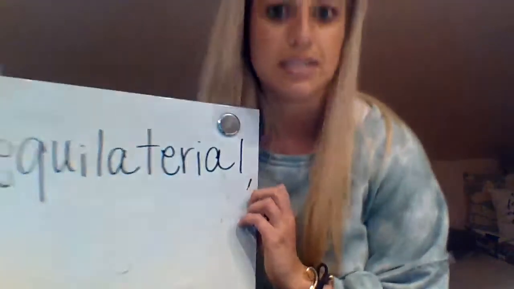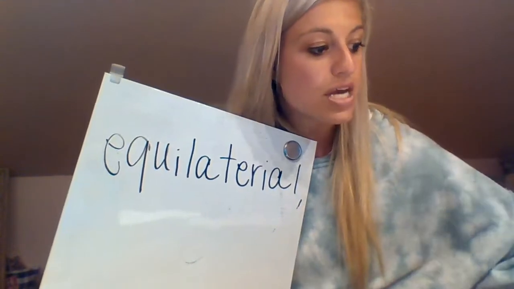Let's look at number 4. Number 4, oh my goodness, I'm looking at all 3 of those lines and it's telling me that all 3 sides are equal. So for number 4, I'm going to write equilateral. And then it doesn't tell me the angle, so I'm going to have to figure that one out.